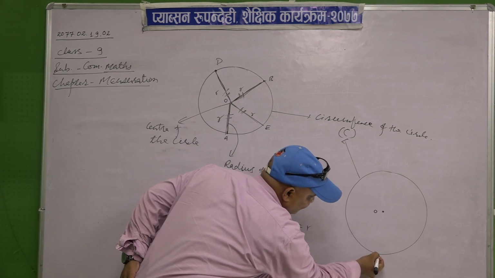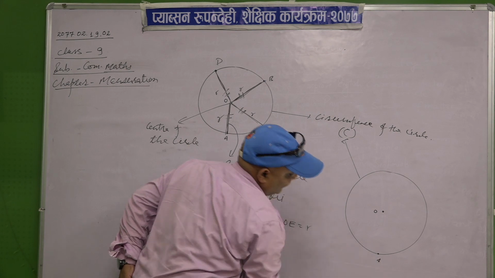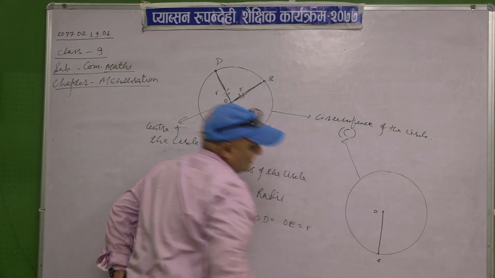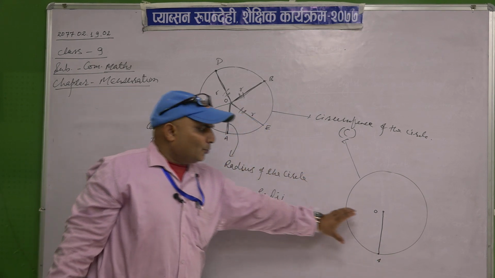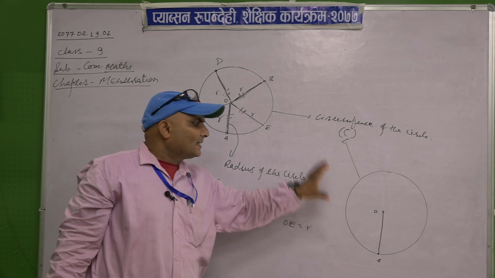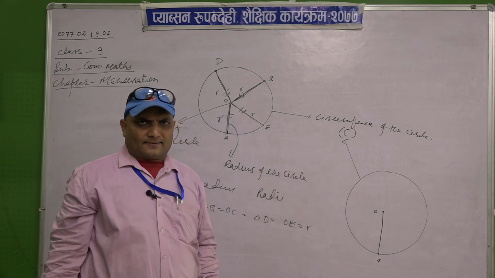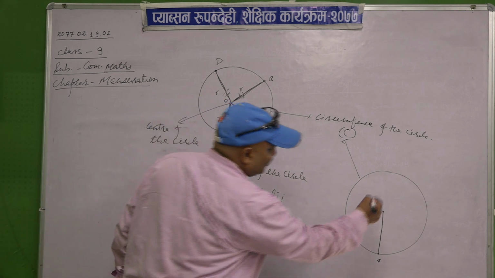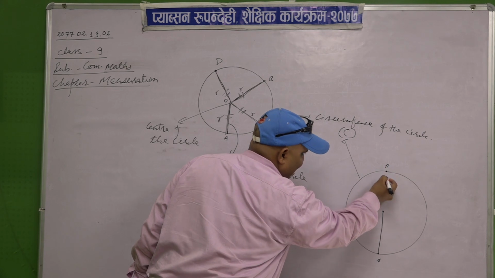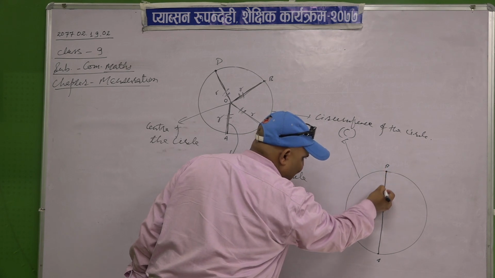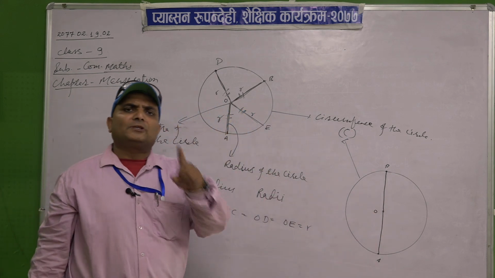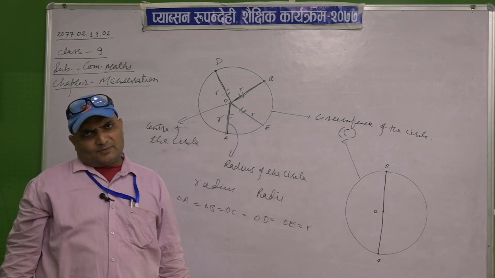Suppose here is a point A and you join this point, then the line OA is formed. OA is the radius of the circle. Suppose here is another point B, and if you join O and B, then OB is also a radius of the circle.